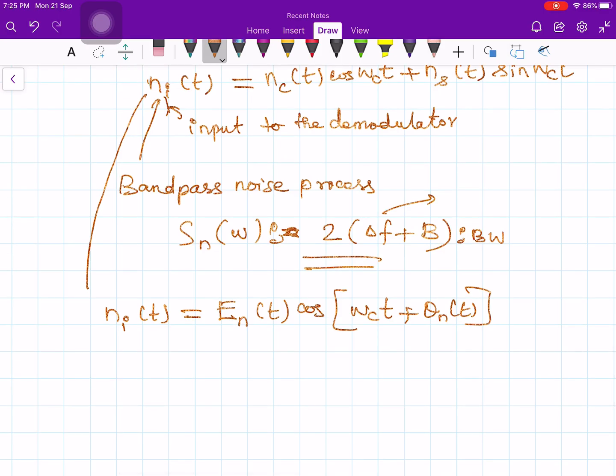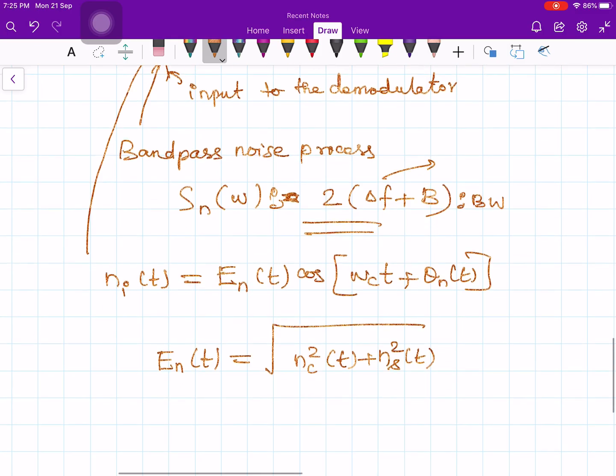Now what is your En of t? It is the envelope of your quadrature representation, and this is equal to the square root of nc square of t plus ns square of t. And what is the phase associated with this? Theta n of t is equal to tan inverse of the quadrature component ns of t divided by the in-phase component nc of t.